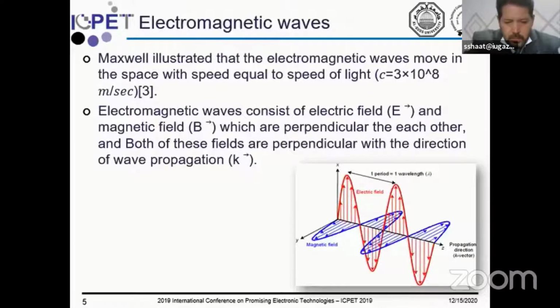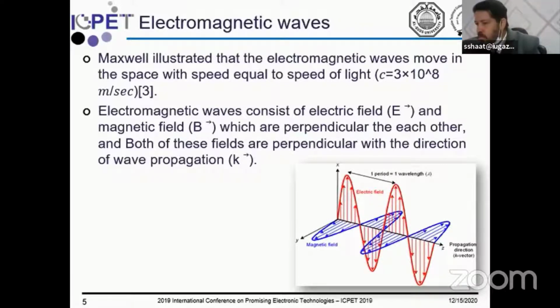Electromagnetic waves. We know that the solar radiation reaches us as electromagnetic waves with the speed of light. The electromagnetic wave consists of electric field perpendicular to magnetic field, and both of them perpendicular to the wave propagation.